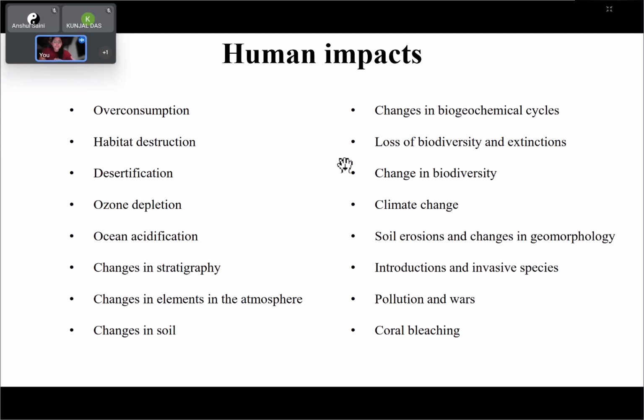We are talking about climate change. We have extensively discussed this in the problem solving sessions and in lectures. You have changes in soil, changes in biodiversity, and several other important impacts. These are all very important human impacts. They have very drastic effects on the natural systems and ecosystems, and we need to be careful about these, and these are what get highlighted when you're talking about conservation.